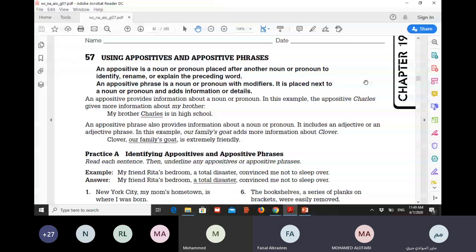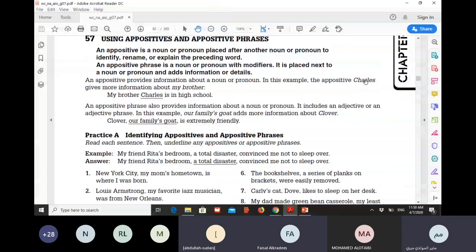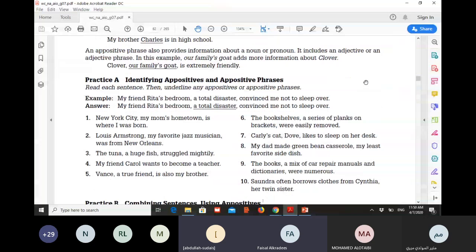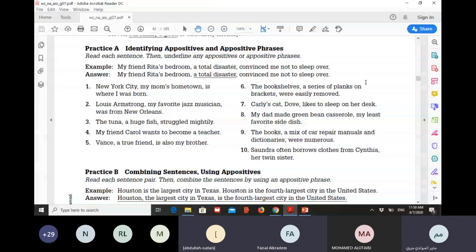Yes, please. Practice A, identify appositives and appositive phrases. Read each sentence, then underline any appositives or appositive phrases.